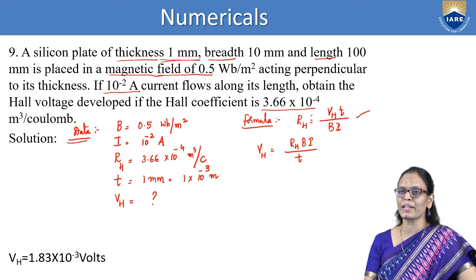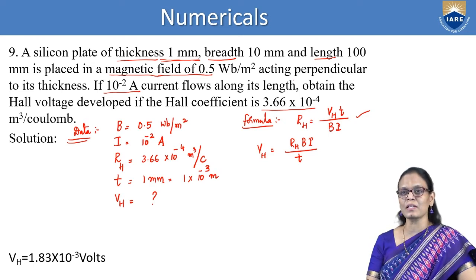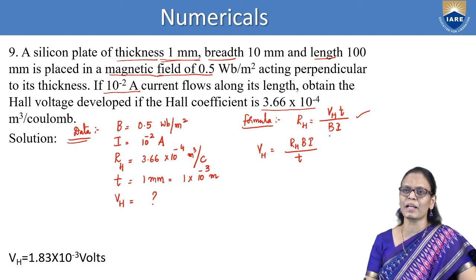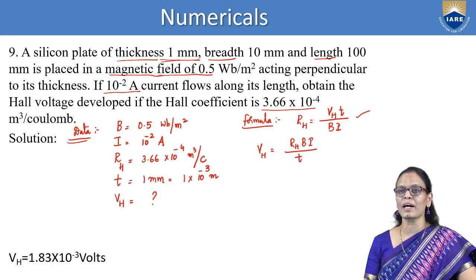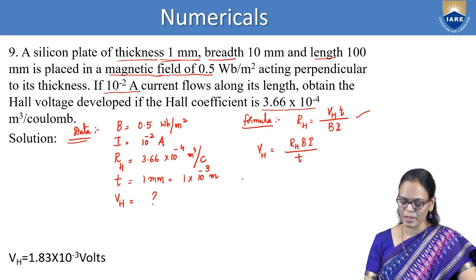So, from here I can derive VH, T, B, I. Any formula I can write from here. So, I am remembering only one basic formula RH. So, VH is equal to RH into BI upon T. Let us substitute.